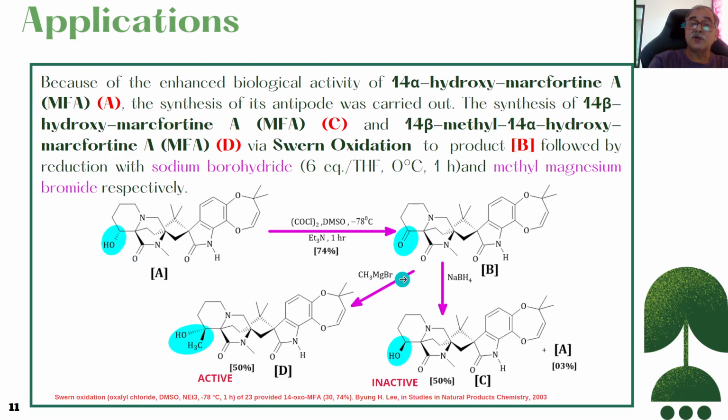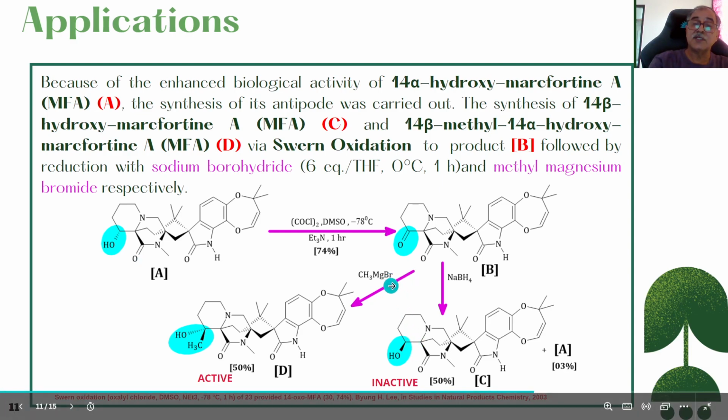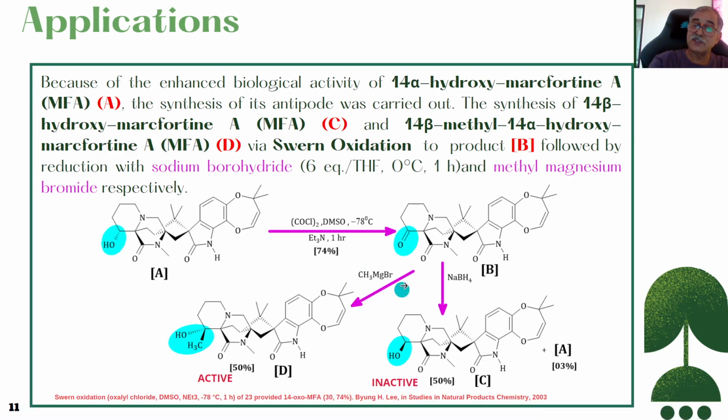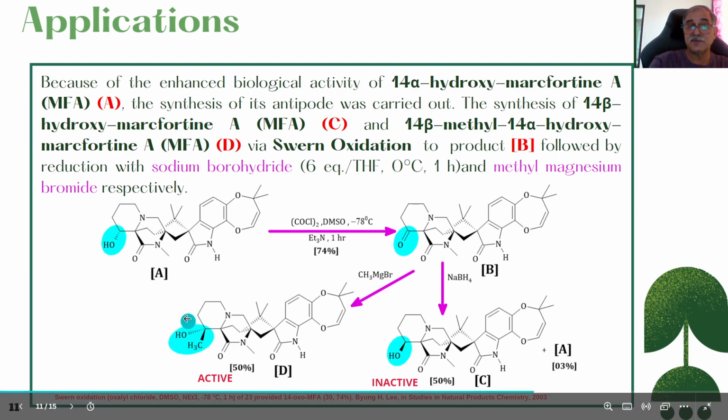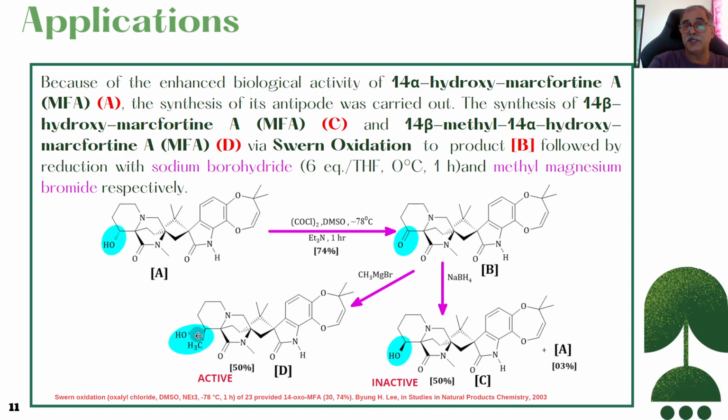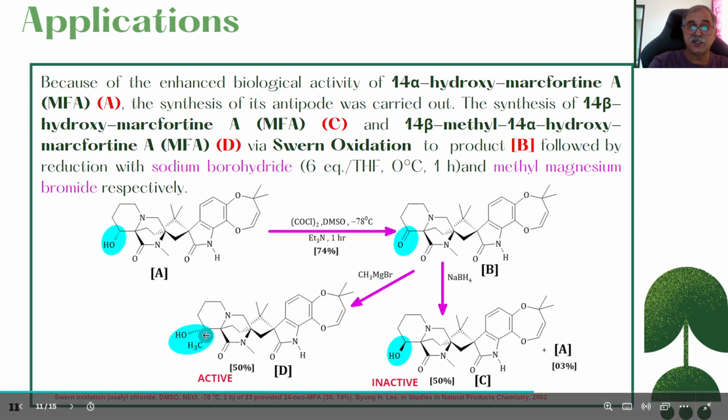Then it was thought to synthesize the methyl derivative of this alpha hydroxy compound. So it was reacted with methyl magnesium bromide. Reduction of this ketone was done through Grignard reagent. So this led to the formation of this 14 beta methyl and 14 alpha hydroxy Mark 14A, that is MFA.